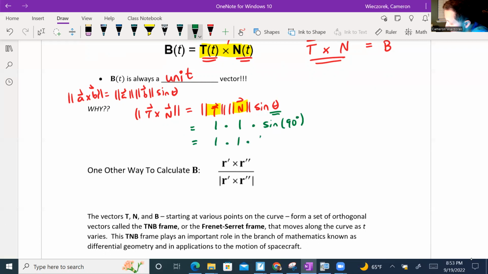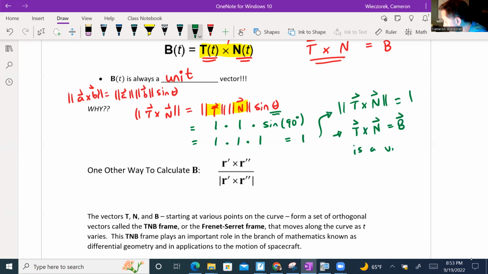Altogether, I get 1 times 1 times 1, which is 1. So what we just figured out is that the cross product has a magnitude of 1. By definition, any vector with a magnitude of 1 must be a unit vector. So B is a unit vector. Kind of a small little side proof. So hopefully that convinces you.